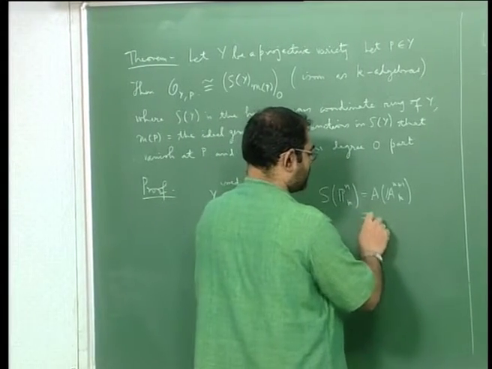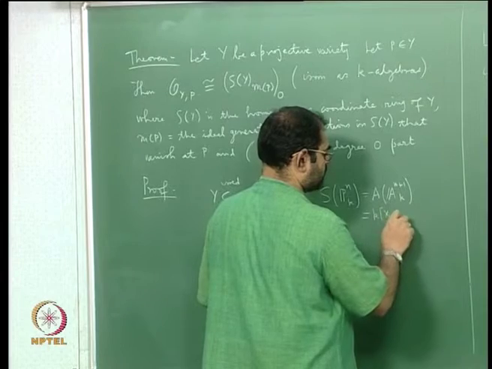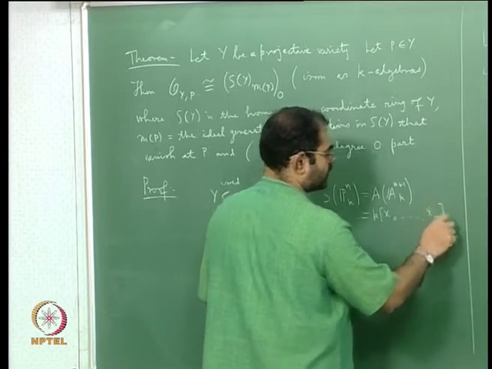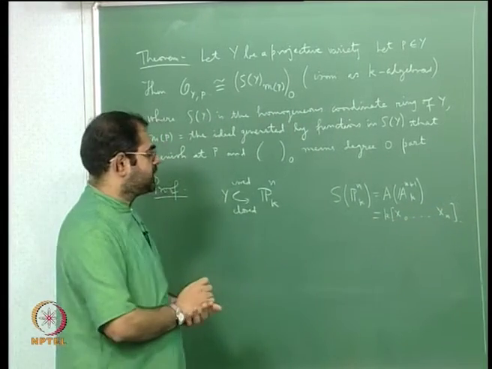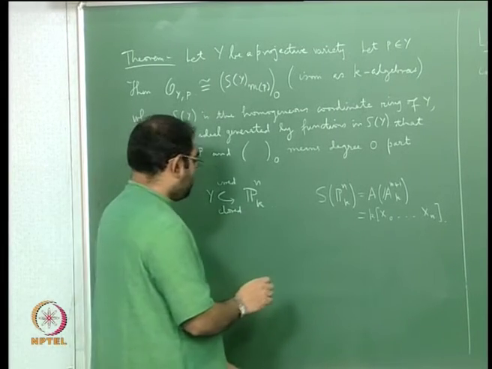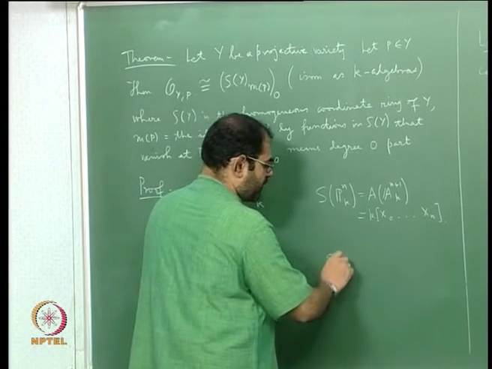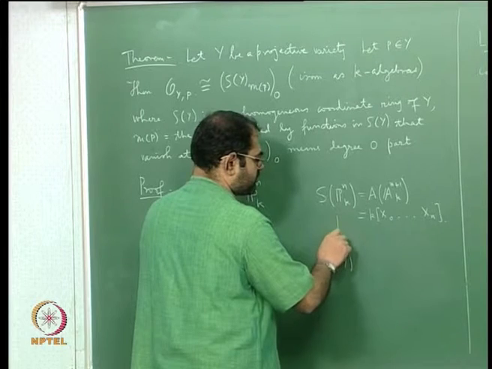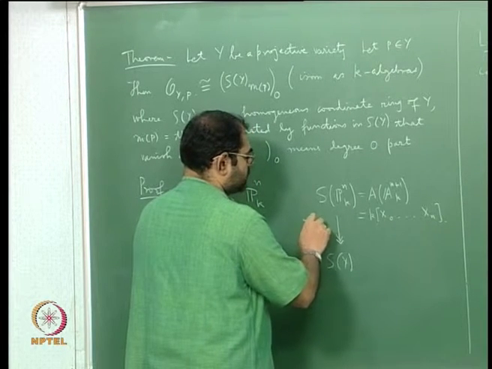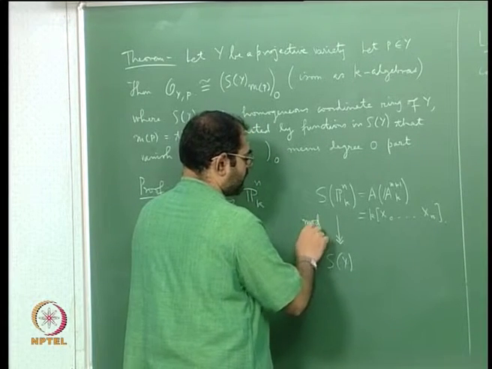This is going to be k[x_0, ..., x_n], the polynomial ring in n plus 1 variables, and the homogeneous coordinate ring of Y is just the quotient of this by the ideal of Y.